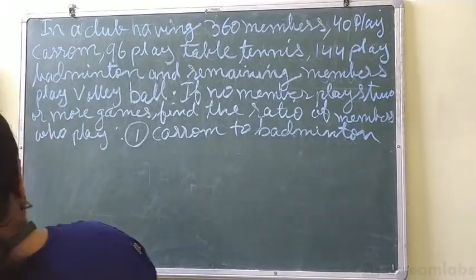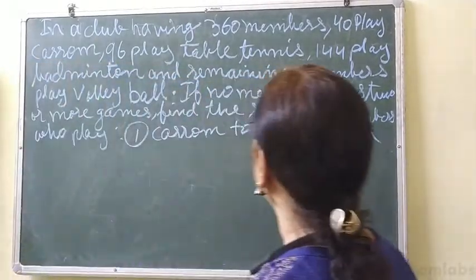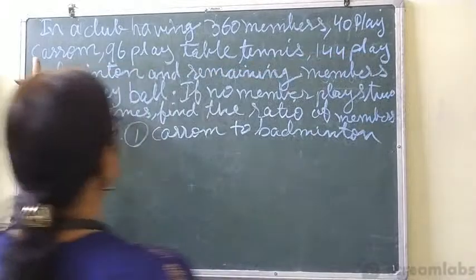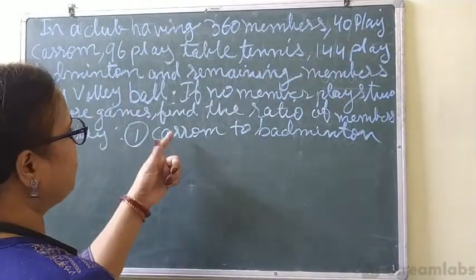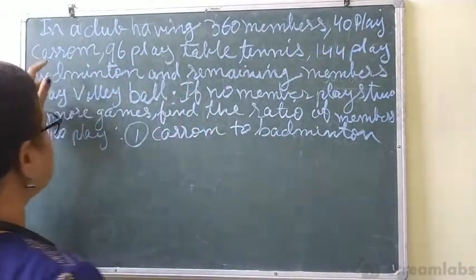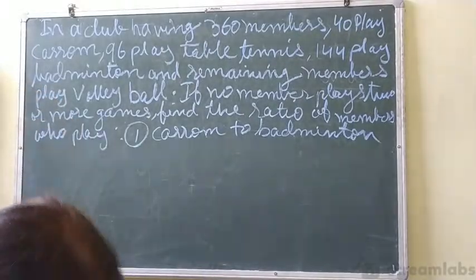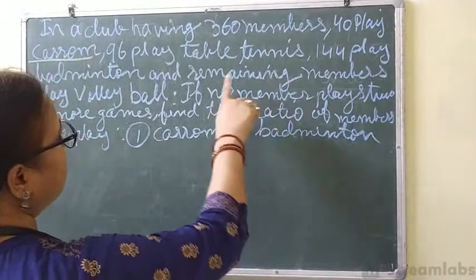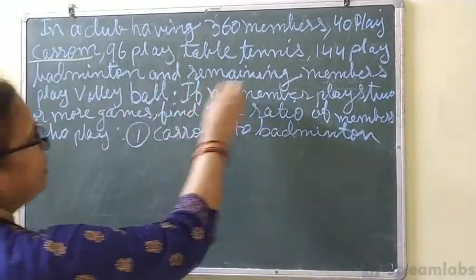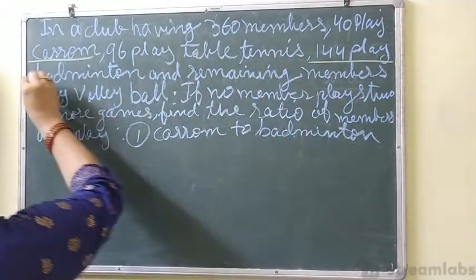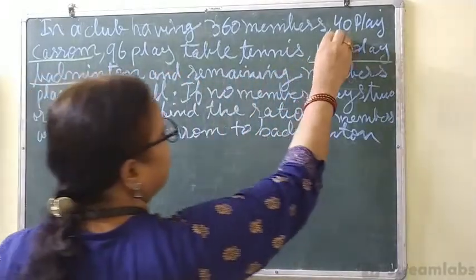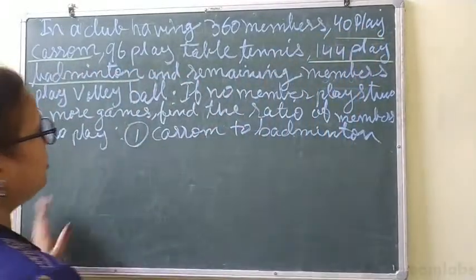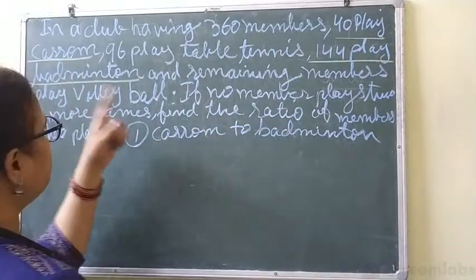So now, in a club having 360 members, 40 play carom. Clear? We have to find carom and badminton. So 40 play carom and 144 play badminton.